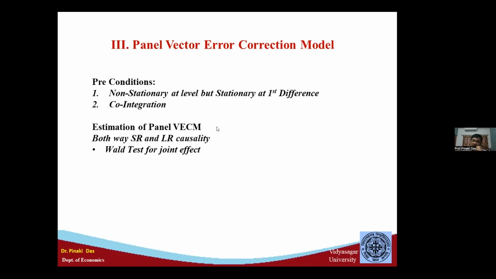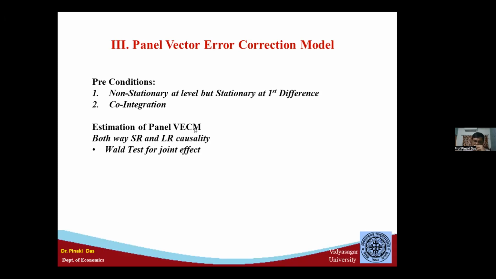In case of the vector error correction model, we are able to estimate both short-run causality as well as long-run causality. That is the purpose of this estimation. In case of a static panel data regression model, we are not able to estimate short-run and long-run causality between dependent and independent variables.